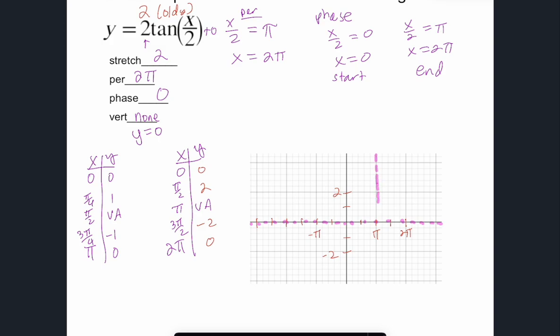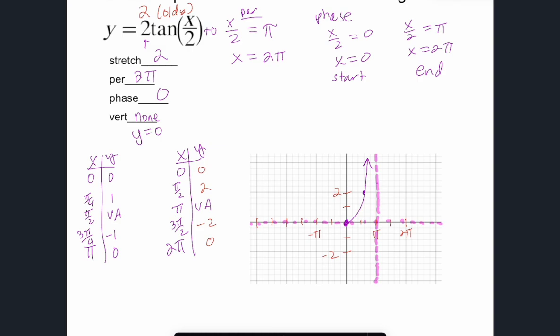Just put your vertical asymptote on. So I only have a vertical asymptote so far at pi. Now let's put on the points we have. At 0, I'm at 0. At a half a pi, I'm at 2. So that's a half of our cubic.